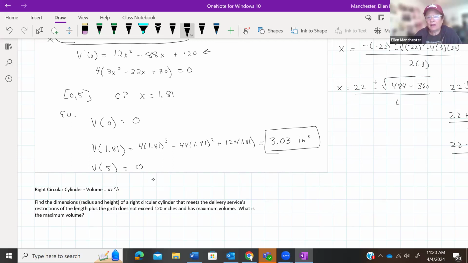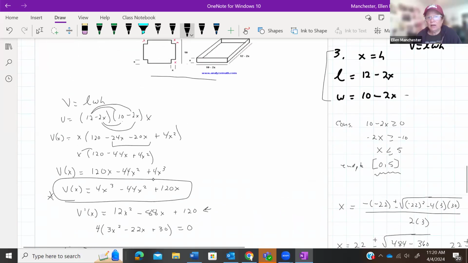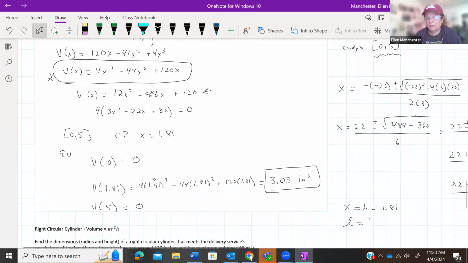We have our X value, which is our height, is 1.81. And now we can find our length. Our length was 12 minus 2x. So 12 minus 2 times 1.81. And our width was 10 minus 2 times 1.81.